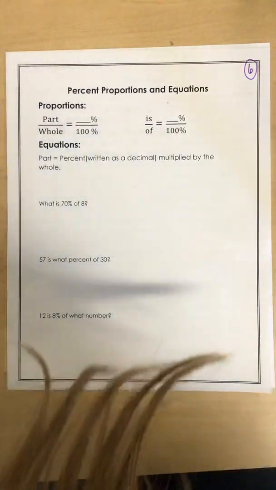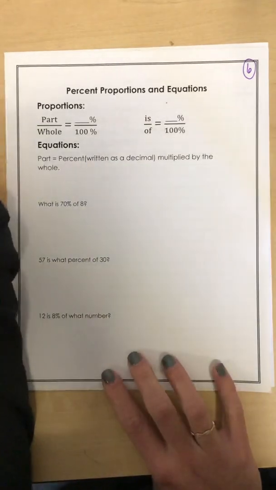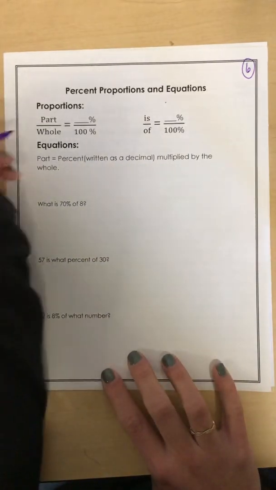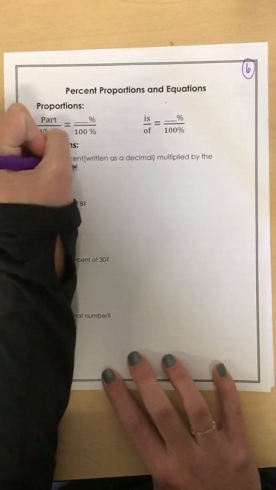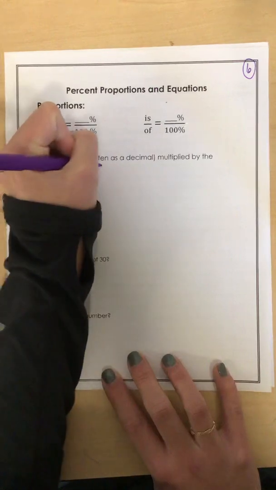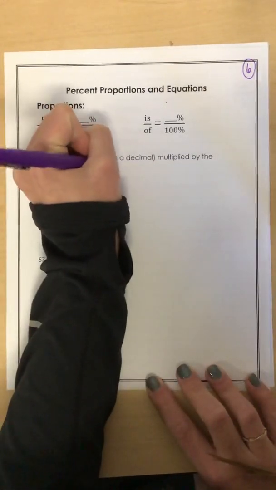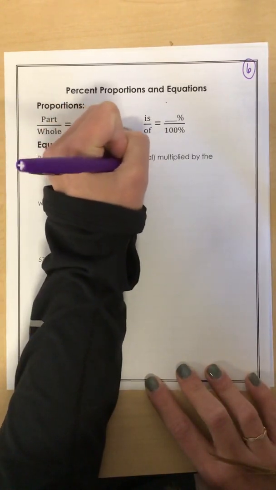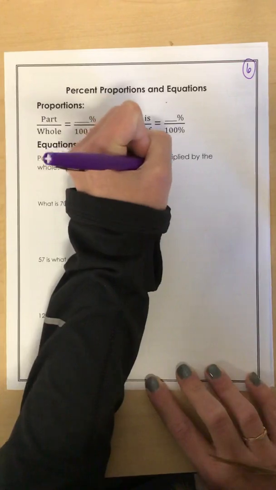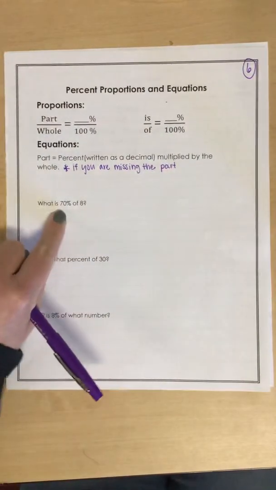So a couple things that I want you to add on equations. You use an equation if you are missing the part. And by part, I mean part of a number. For example, what is 70% of 8?